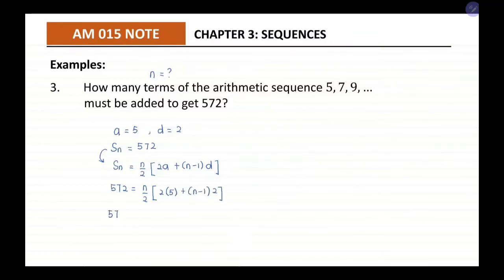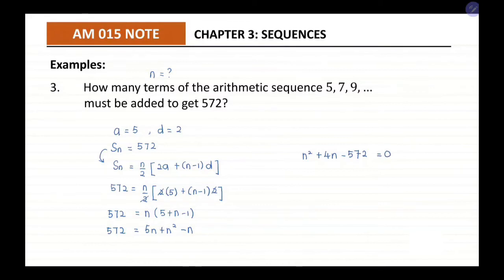So 572 equals n, this one cancels out 2, then we get 5 plus n minus 1. So 572 equals 5n plus n square minus n. Then we arrange. We get n square plus 4n minus 572 equals 0.